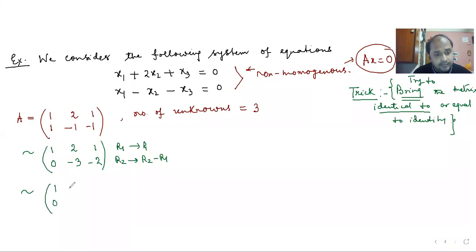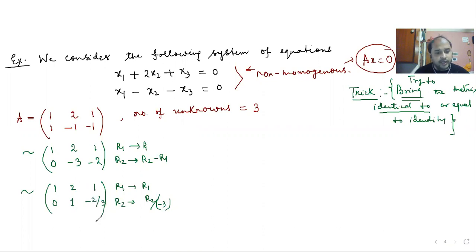That is what I can do further. I can bring 1 over here by dividing this row by minus 3. So we get 1 and minus 2 by 3.